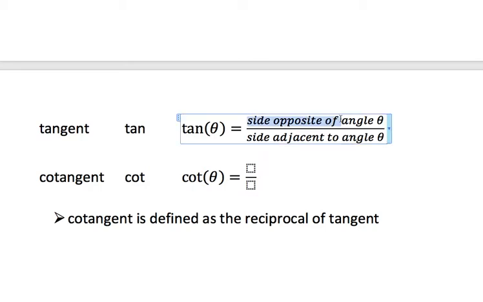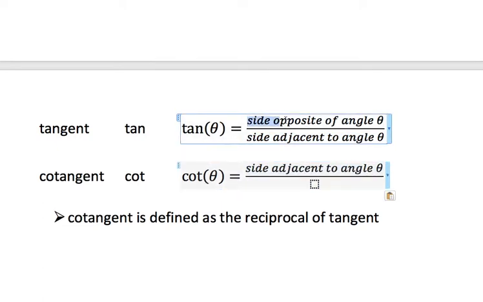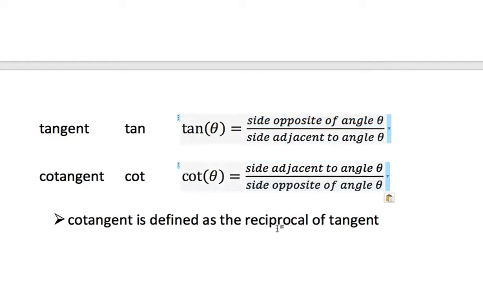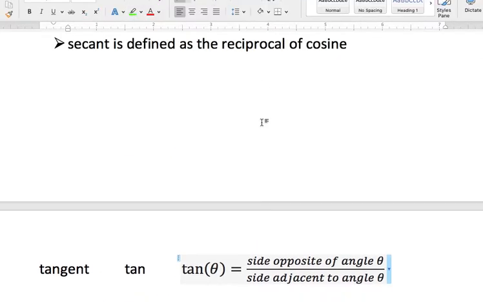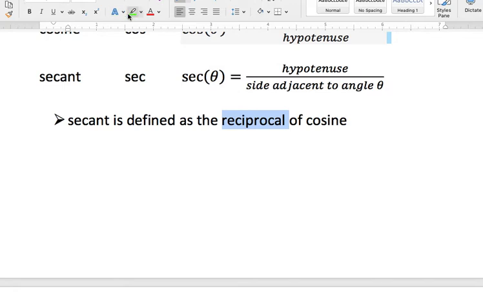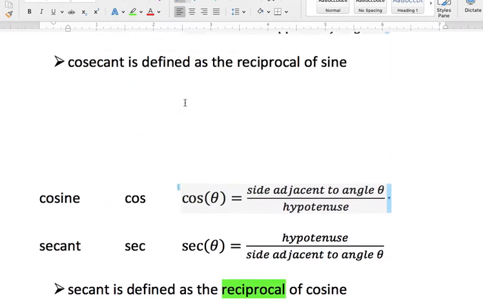And so therefore, cotangent is equal to the side that is adjacent to theta divided by the side that is opposite of theta. So in each one of these cases, this word reciprocal just meant that the two fractions are upside down or flipped relative to each other.